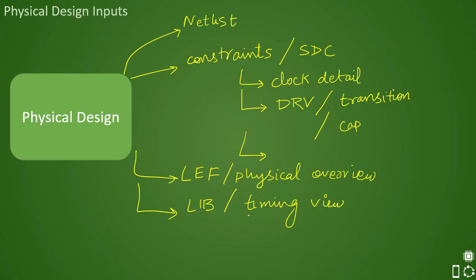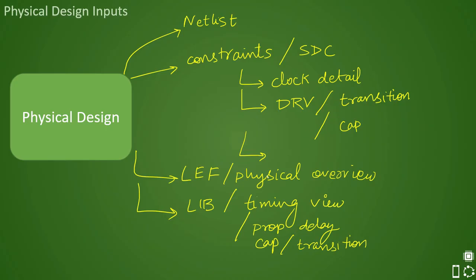Based on that, all the propagation delays for each standard cell will be mentioned in this file. It will also have, for each delay, what is the capacitance, what are the transition values for each cell. If this file is not there, then you will not be able to do timing analysis of your design.